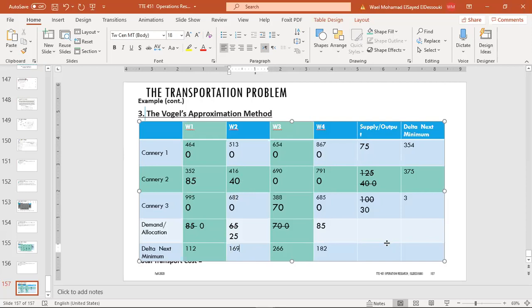So which cell do we pick now? The one with the maximum next minimum. So that's this cell. How much do we need to allocate here? The maximum we can. The supply is 75, the demand is 25. So we give it the demand needed, which is 25. So this one becomes 0.